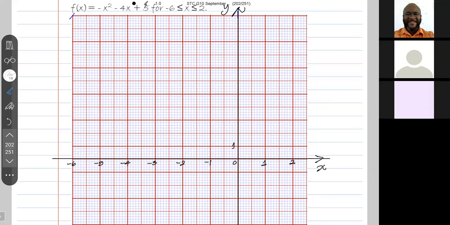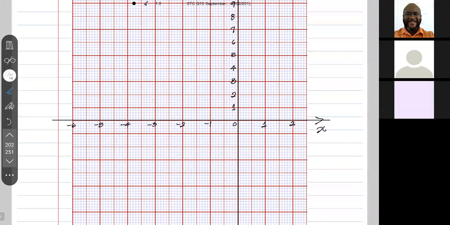On the y-axis, the scale is 1 centimeter to 1 unit. So every centimeter on the y-axis, the number goes up by 1. All right, so I need to ensure that my graph reaches at least 9.